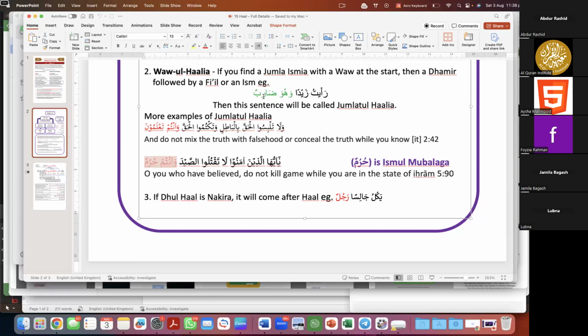Wa huwa daribun, ra'aytu Zaidan, I saw Zaidan while he was hitting someone. Do you remember that? Wa, then the detached pronoun, then something. It will be at the end of the sentence in this form, and they're everywhere. With that, I will finish it, inshallah.